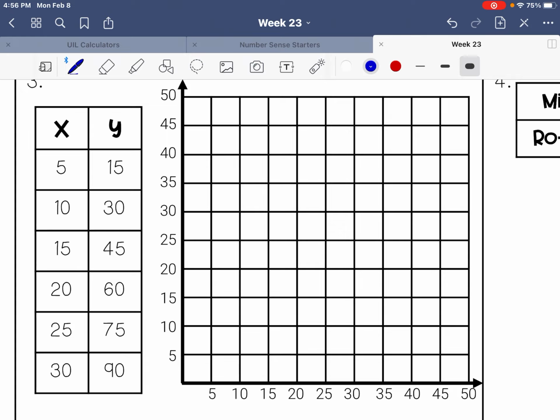So the x, as I said earlier, is always the horizontal line. The y is always the vertical line. So to plot this first point, we're going to look for 5 here on the x, and we're going to look for 15 on the y, and we're going to put a dot where those two lines intersect.